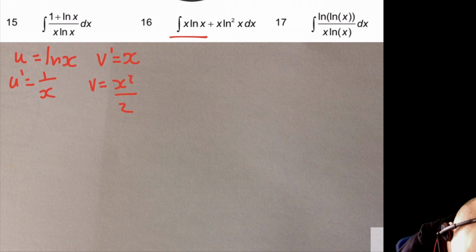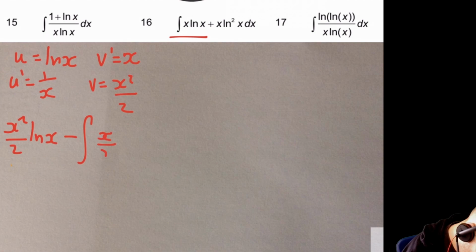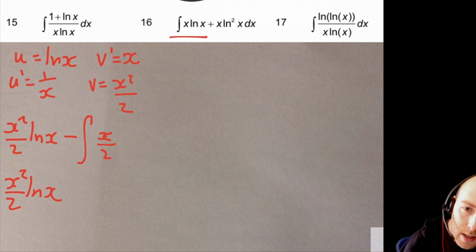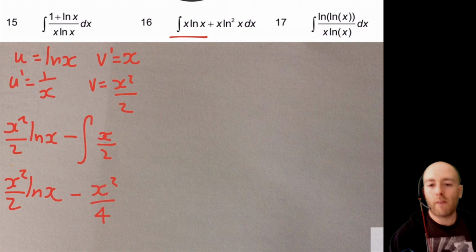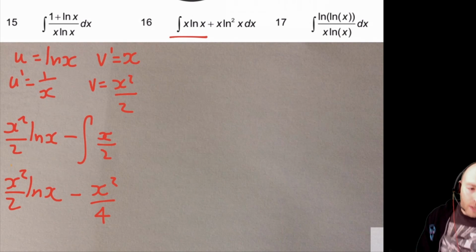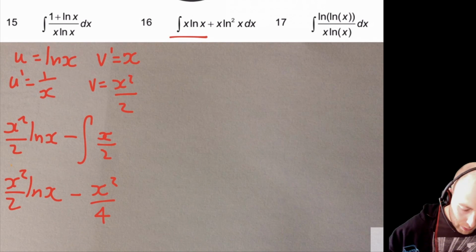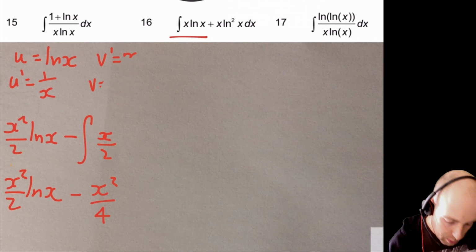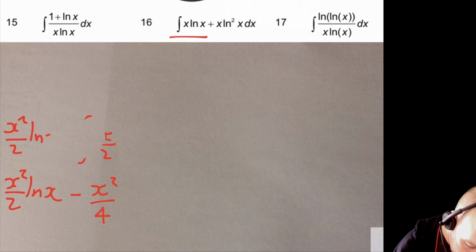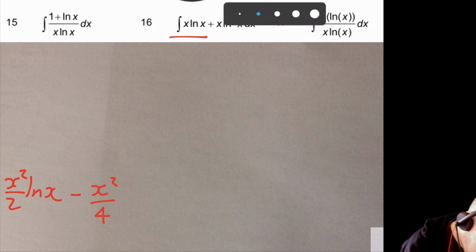So we get uv, x squared over 2 ln x, minus the integral of x over 2. You get x squared over 2 ln x, take away x squared over 4. Okay, so that's our first one done. I'm going to rewrite this at the top so it's still there but slightly out of the way, because I feel it might come in useful later.